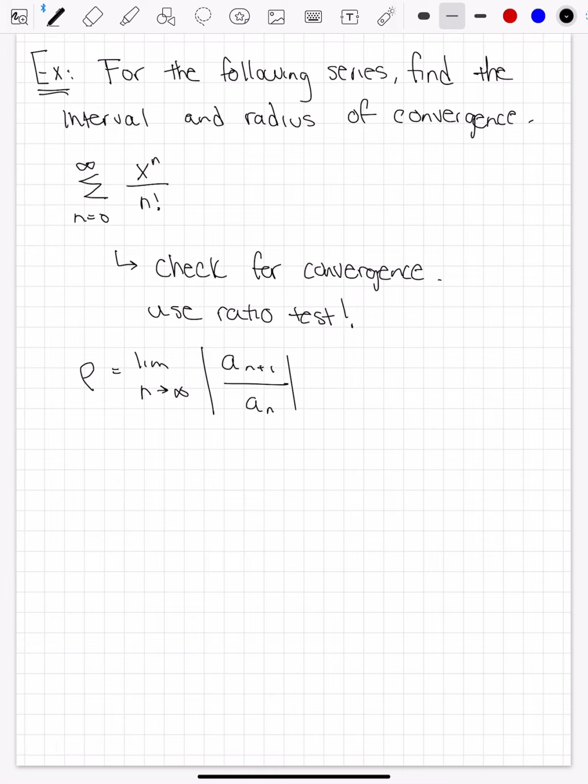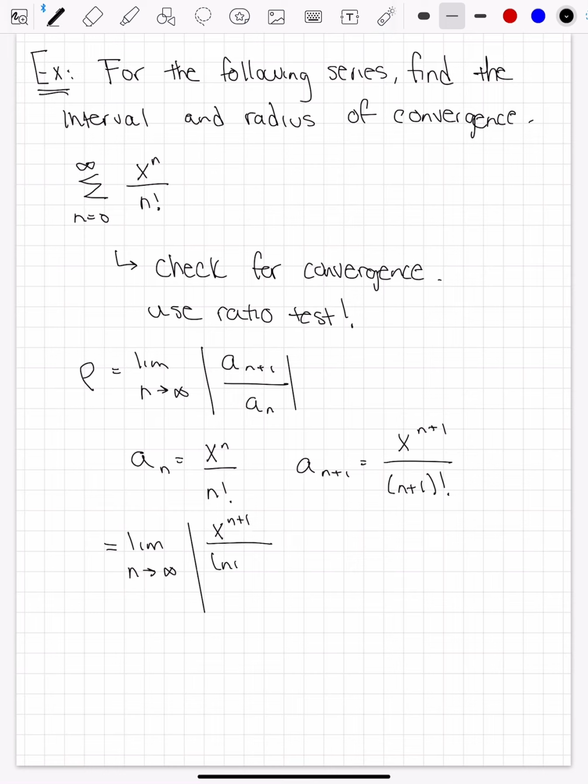So in this case, we have a_n, which is x to the n over n factorial, so that makes a_(n+1), right, we replace the n with n plus 1. So then rho is equal to the limit as n approaches infinity, with a_(n+1) in the numerator and a_n in the denominator.